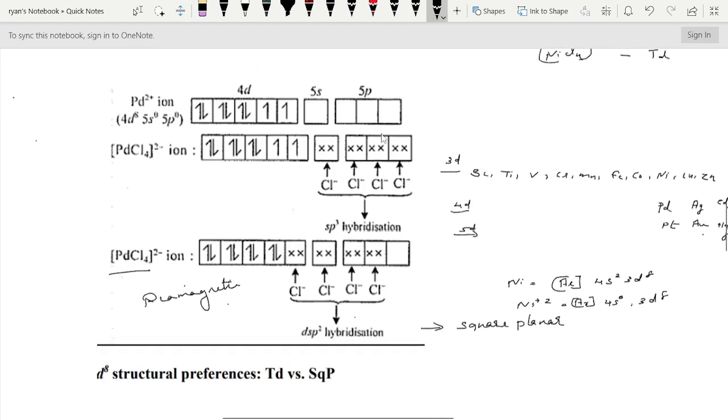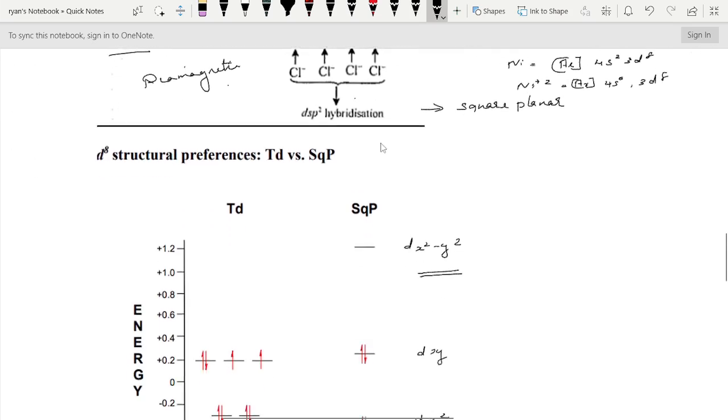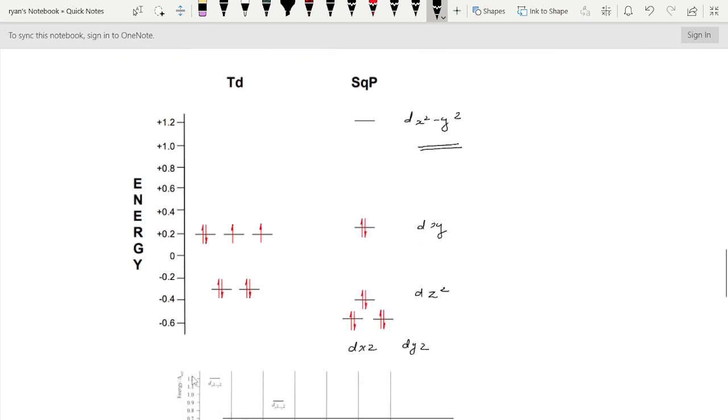In the case of tetrahedral geometry, we have dz², dx² minus y², then dxz, dyz and dxy.